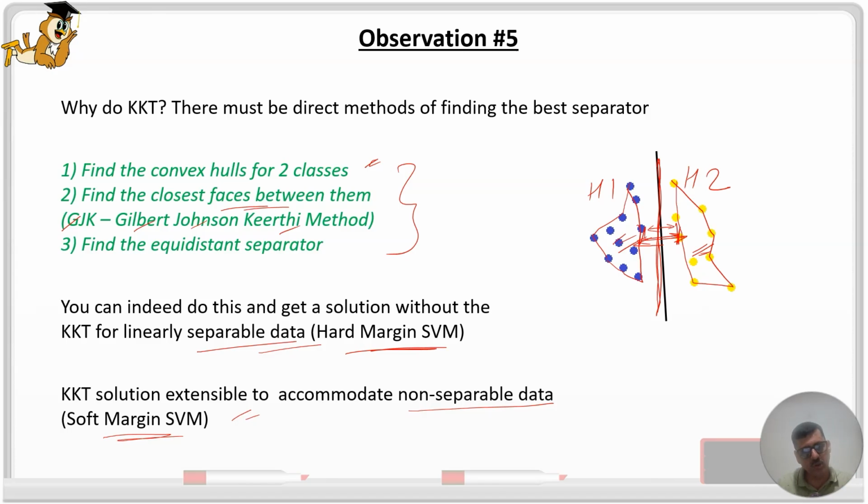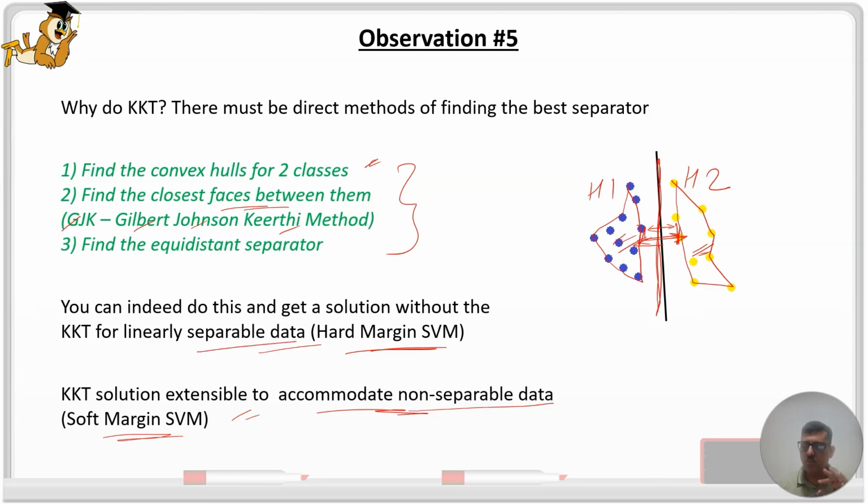Your data is most likely to be non-separable, and therefore we need a method that stays with some of the principles behind SVM, and makes it possible to apply it to non-separable data also. The KKT solution that we talked about in this lecture is extensible to accommodate non-separable data.